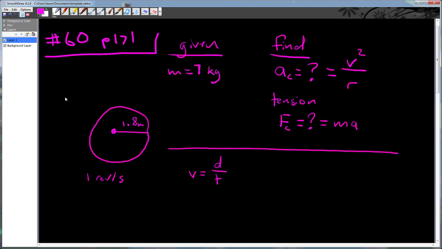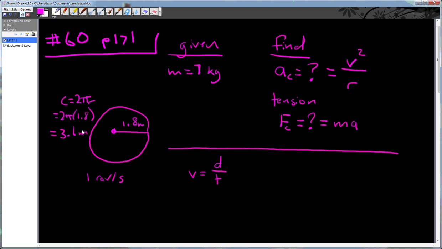And so we know that circumference is the distance it travels, right? 1 complete circle here is how far that's going, and that's 2 pi r, which is equal to 2 times pi times 1.8, and so I'm going to call that 1.8 times 2, mental math, 3.6 meters.